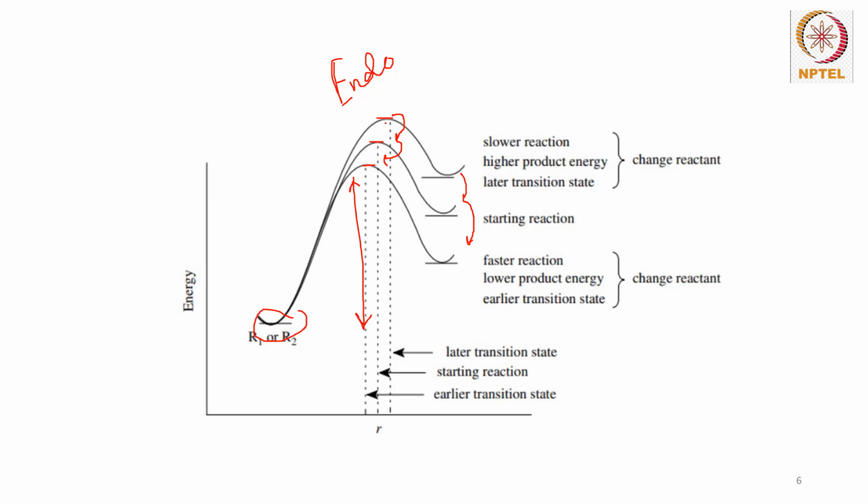See, here in this case, the activation energy of pathway A is greater than that of pathway C. So to perform a reaction through pathway C will be easier than through pathway A, because in pathway A you need a greater amount of activation energy.